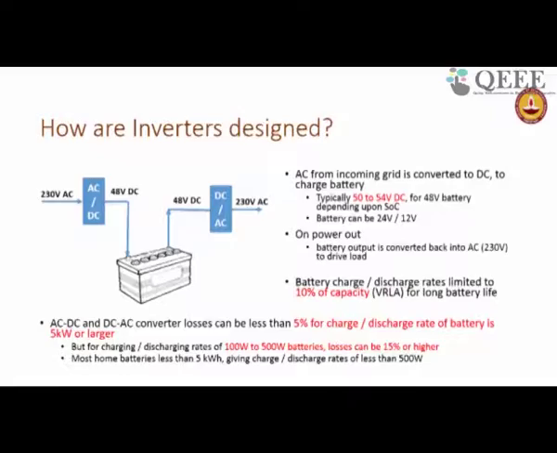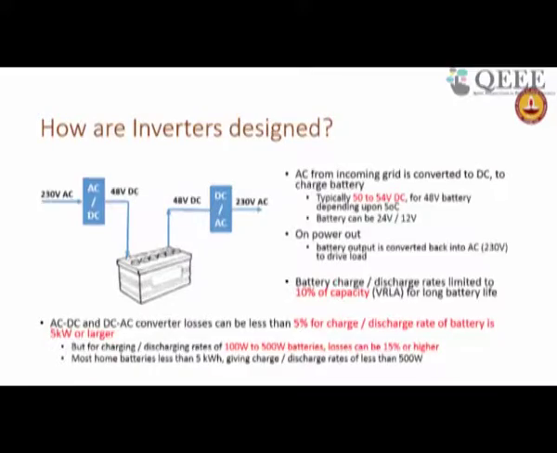Now, battery charge and discharge rates are limited to 10% of its capacity. I am taking the lead acid battery, also called VRLA battery, which is the most commonly used battery in India. Now, what is the battery capacity? Battery capacity can be 5 kilowatt hour.